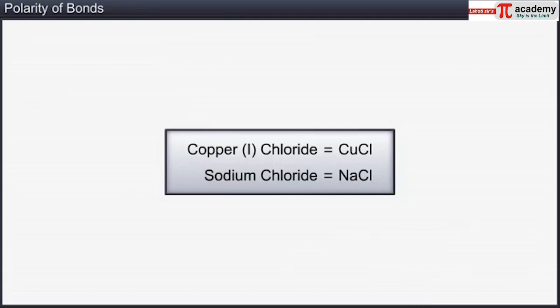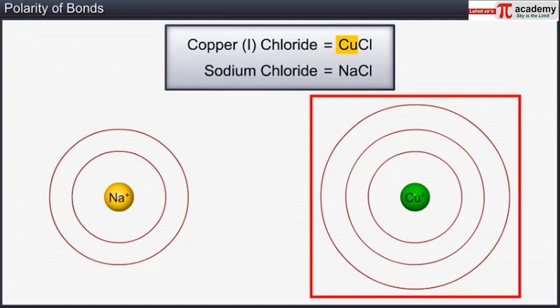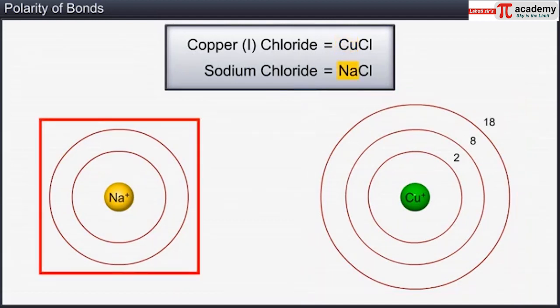For example, copper 1 chloride is more covalent in nature as compared to sodium chloride. Copper ion with pseudo-inert gas configuration has an electronic configuration of 2, 8 and 18. Sodium ion with inert gas configuration has an electronic configuration of 2, 8.